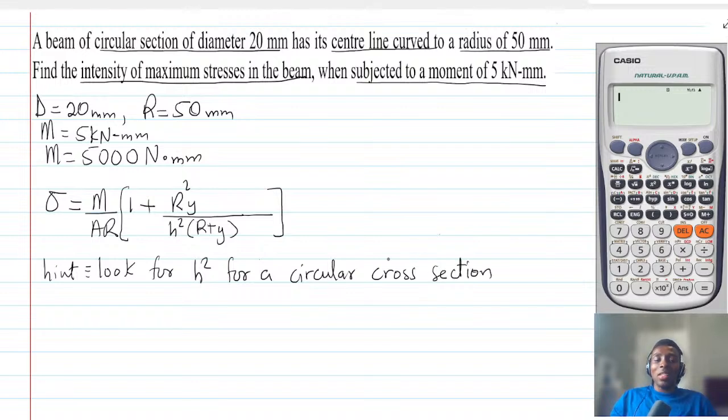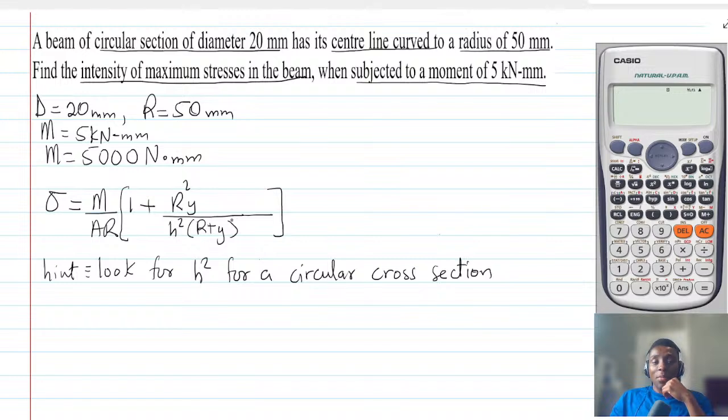So essentially, this question is the same as the last question. The only thing you have to do here is to go and find out if there is a formula for H square. When you are given a circular cross section, do you have a formula for H square? If yes, then just come and put it here.